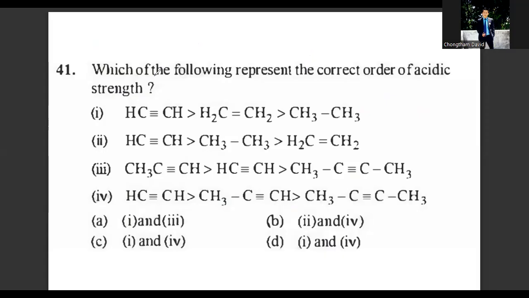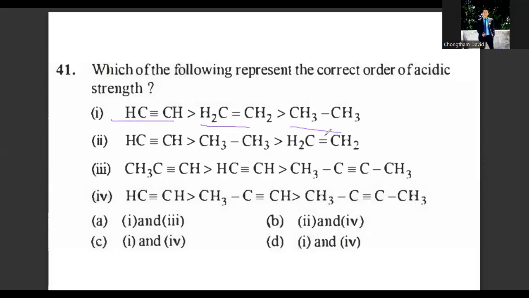It is due to the maximum percentage of S character, that is 50% in sp. The sp hybridized orbitals of carbon atoms in ethyne molecule have highest electronegativity. So one must be the highest, right? And then ethene and ethane. Clear?